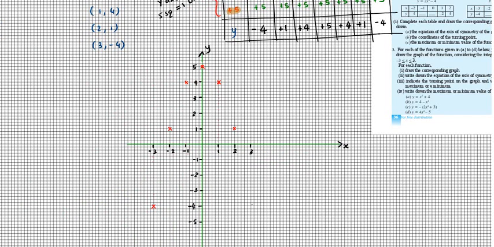Right, so then let's draw the graph. I draw it smoothly. Okay, so draw a smooth curve.